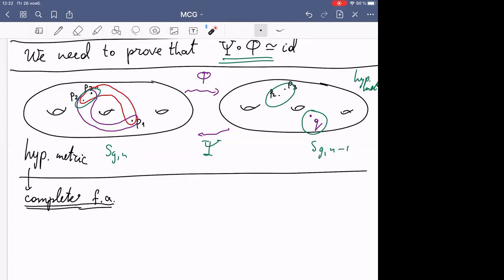And now I would like to introduce the hyperbolic metric, a complete finite area hyperbolic metric here. It is convenient for me to have a hyperbolic metric just as a way to choose prescribed representatives of isotopy classes so that they are disjoint whenever it is possible to choose disjoint representatives.